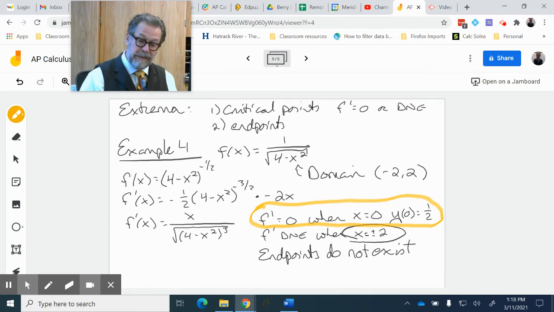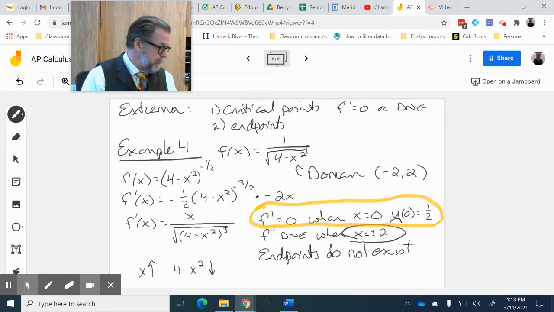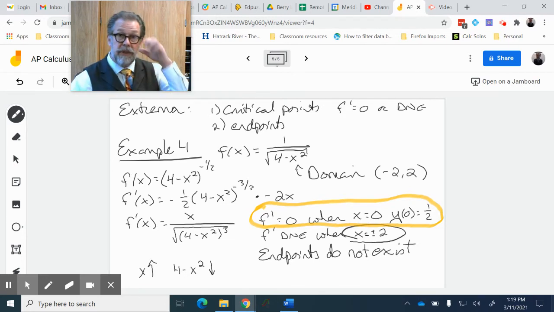So then the only thing we need to know is, is this a minimum or is this a maximum? Well, if I start at x equals 0 and I have x increase from 0, in the positive direction or the negative direction, it doesn't really matter, 4 minus x squared is going to get smaller, which means that the function is going to get bigger. Sorry, I'm looking at the derivative instead of the function.